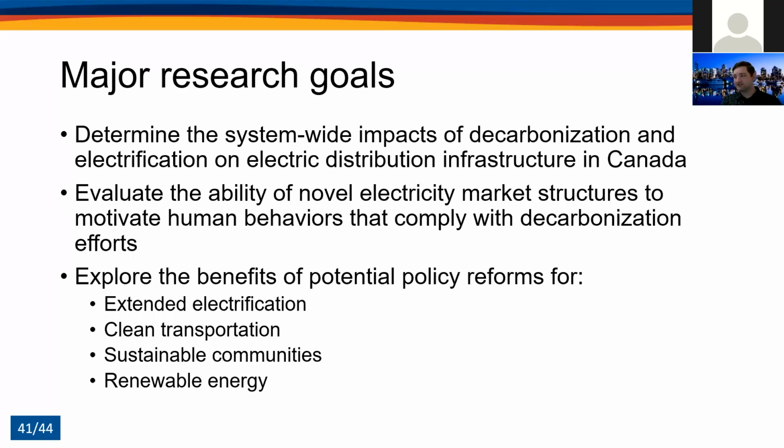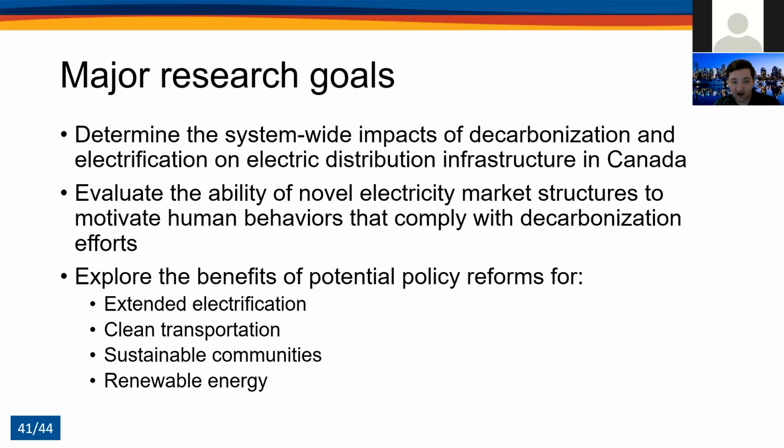Now, we're going to take a step back and just talk about major research goals here, and sort of what my research can do, and where we're headed. And the two top points are about the directions we talked about today. We want to determine the system-wide impacts of decarbonization and electrification on electric distribution infrastructure in Canada. We also want to explore the benefits of potential policy reforms in achieving extended electrification and highlight the challenges of distribution system management.